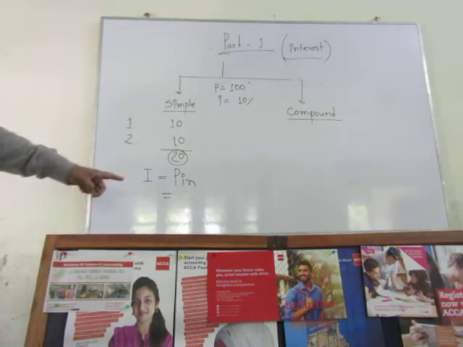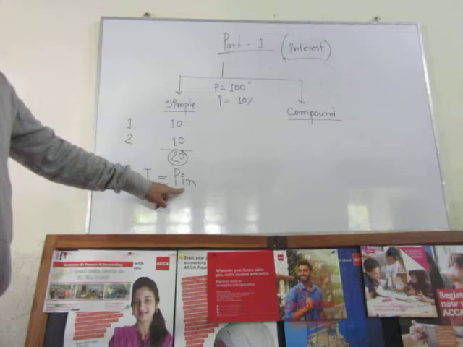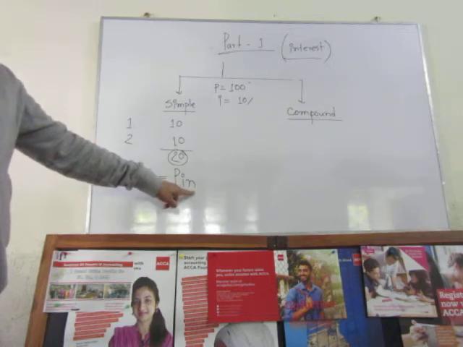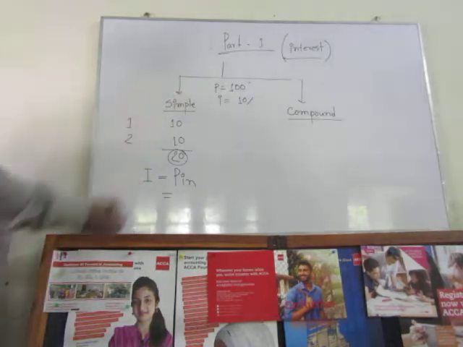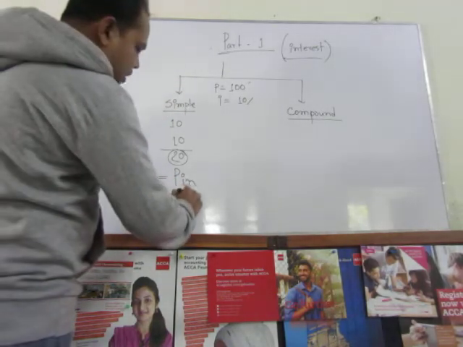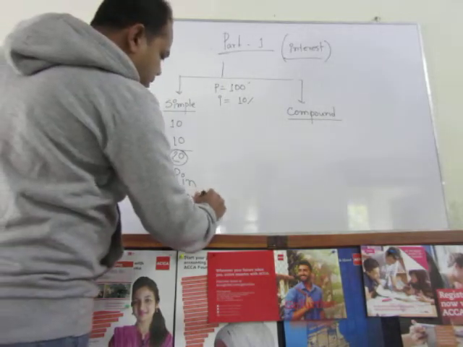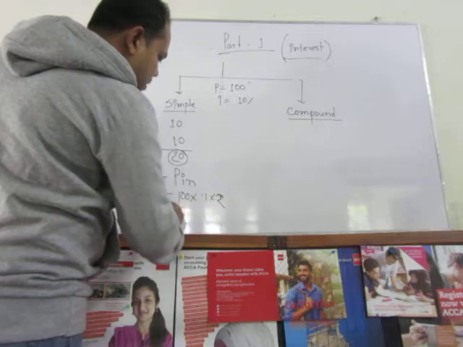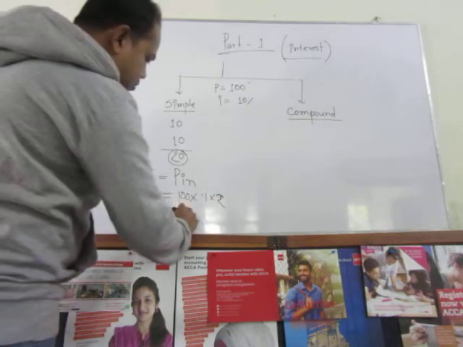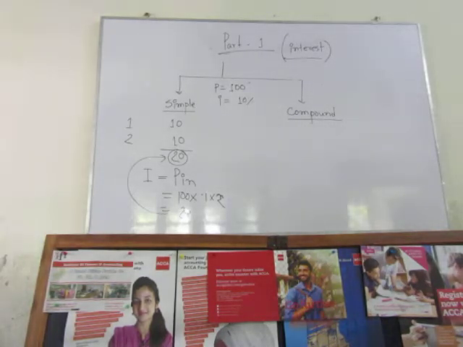P means the principal amount that you have invested, I means the rate of interest, and N means the number of years. So in this example, our P is $100, I is 10%, which means 0.1, and the number of years is, for example, 2. That's why it will provide you $20, just like the calculated one. This is simple interest.